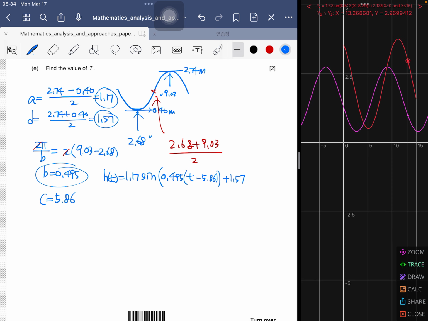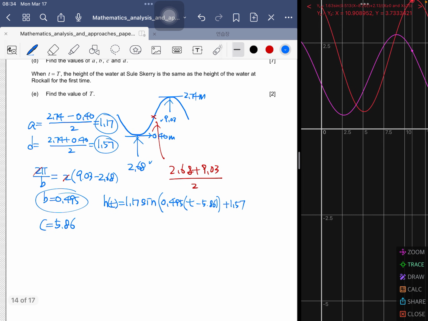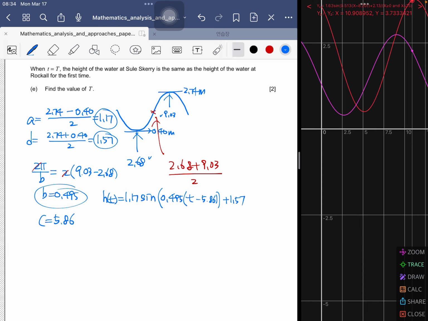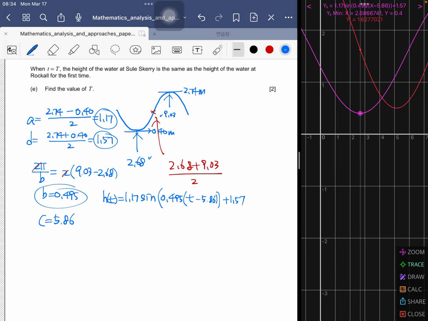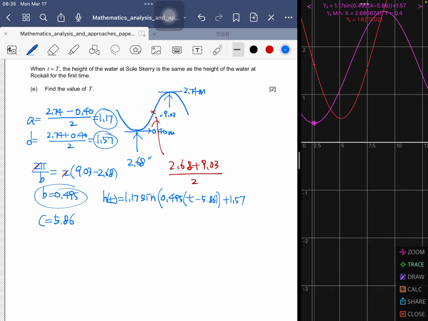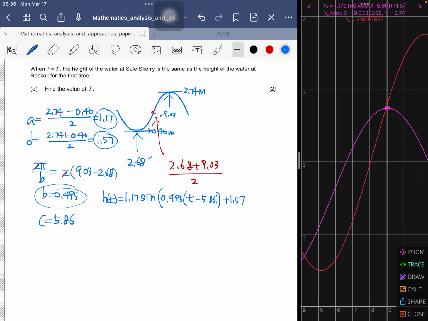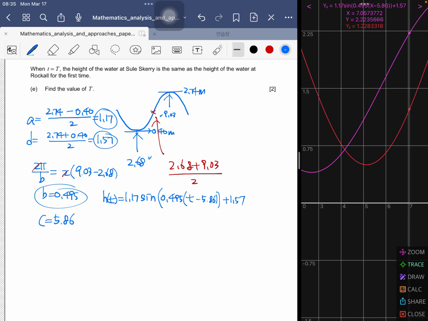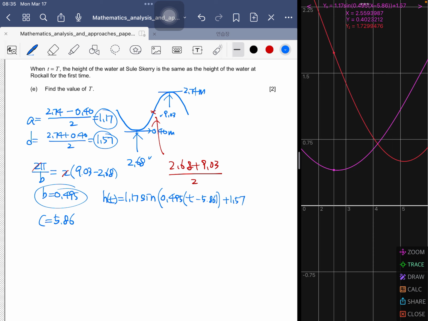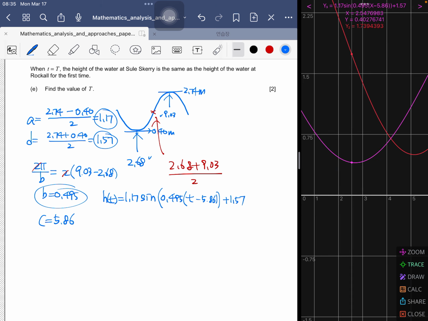The first low tide is here, at 2.68, and the first high tide is at 9.03. Yeah, makes sense. This value is 2.74 and the lowest value is 0.4 over here. Yeah, exact. Okay, so A, B, C, D, we found it out.